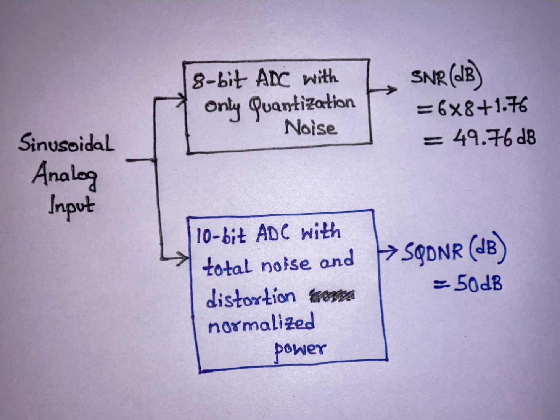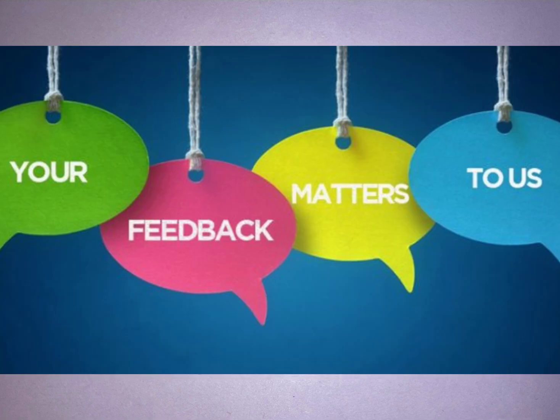The SNR is around 49.76 dB, which is 6 into 8 plus 1.76. And if you apply the same sinusoidal input to a 10-bit ADC, as given in our question, which has total noise and distortion normalized power, then also you will get an SQDNR of 50 dB. I hope you have understood how the resolution has decreased. Because of that, although n is already mentioned as 10, they still asked us to find the effective number of bits.